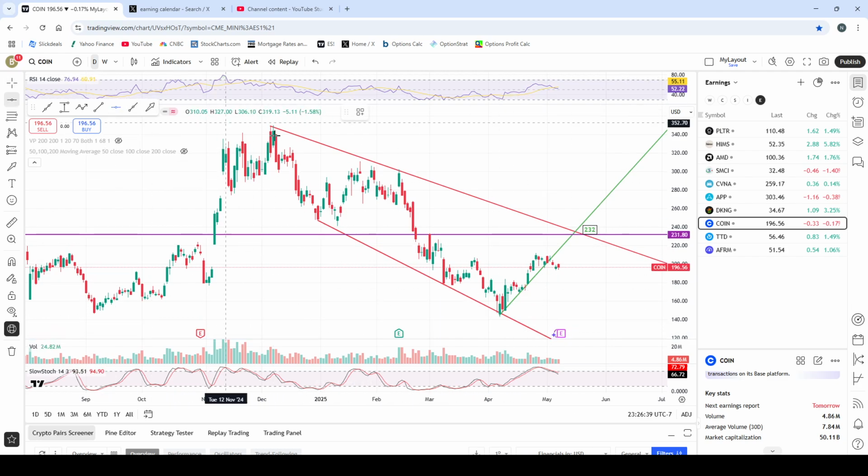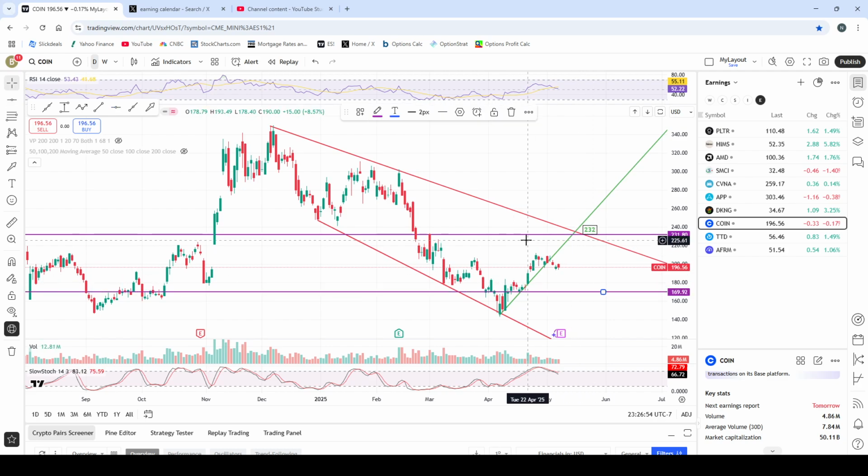Otherwise, it would not be as good. We can see it's going to come back around this area, 170.